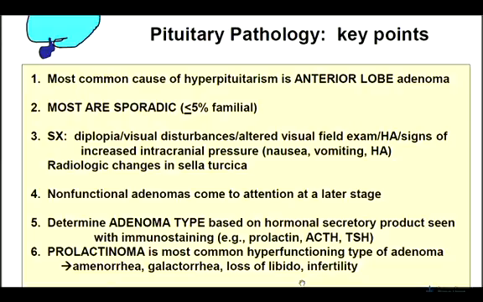The non-functional ones can grow to larger size because there's no symptoms until they are compressing something. The secretion, if it's not otherwise made itself known by physiology, is an immunostain process once we've resected the lesion. Prolactinemia is the most important type of secretion.